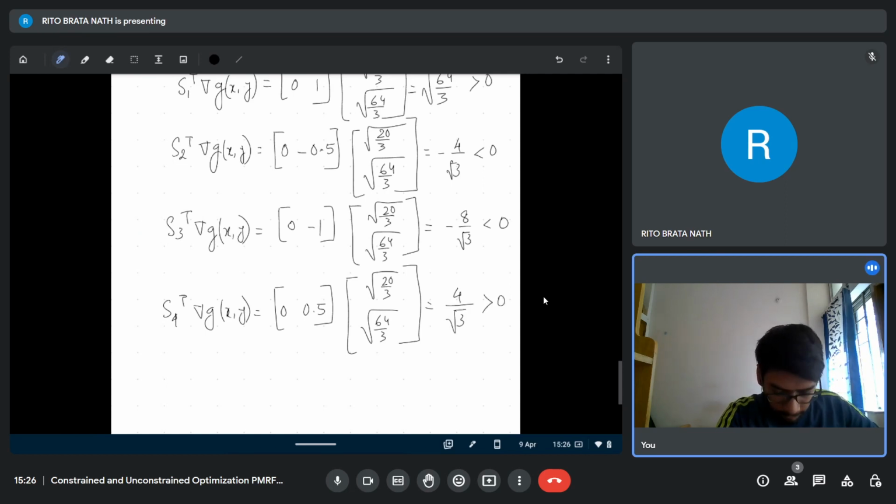Now, I think the first or the second problem had this kind of issue: if it is less than 0 and it is an active constraint, then that's a feasible direction. But this constraint is not active here. It's not mentioned in the class, I think, what happens when the constraint is not active.